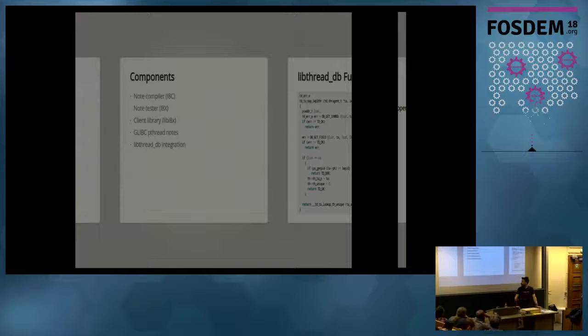Since I last presented this, a lot of the questions were basically along the lines of, we'd really like to use this, but we'd also like to still have a libthreaddb so that we don't have to change anything.